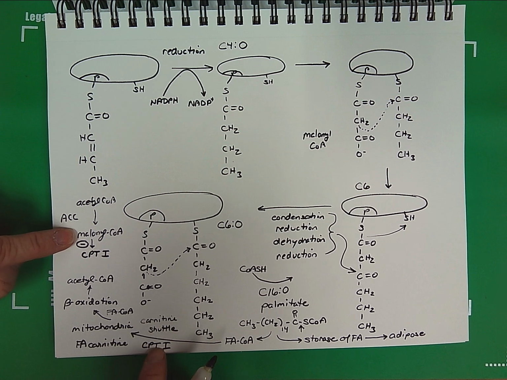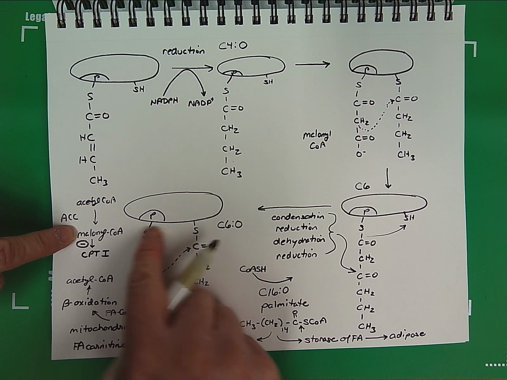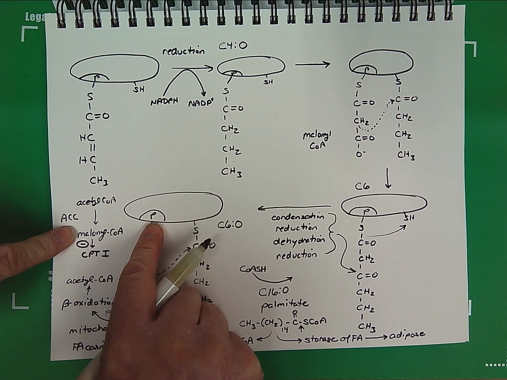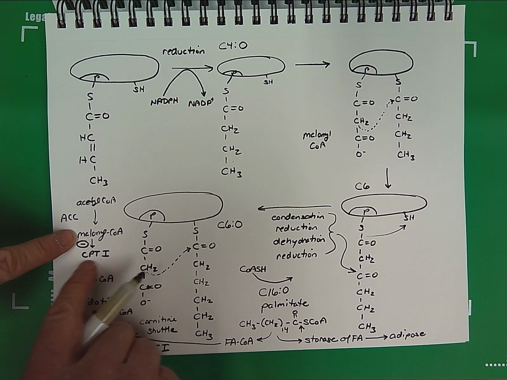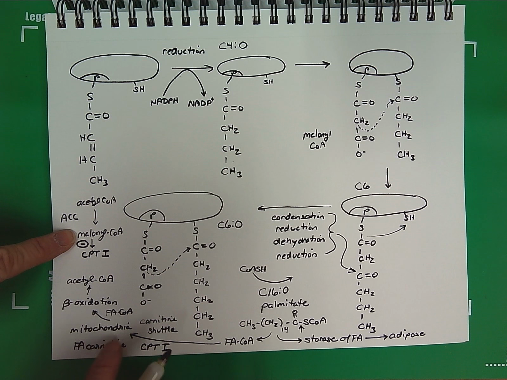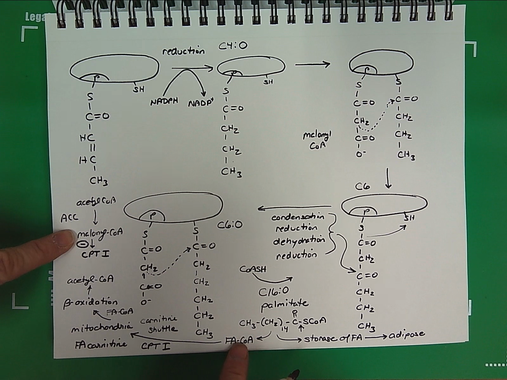Malonyl-CoA inhibits this enzyme. So as we have acetyl-CoA building up in the cytoplasm for fatty acid synthesis, this is converted into malonyl-CoA. The malonyl-CoA is used for fatty acid synthesis, attaching onto the acyl protein site. And in addition, it's also inhibiting CPT1 to prevent the fatty acyl-CoA conversion to fatty acyl carnitine to be translocated back into the mitochondria.